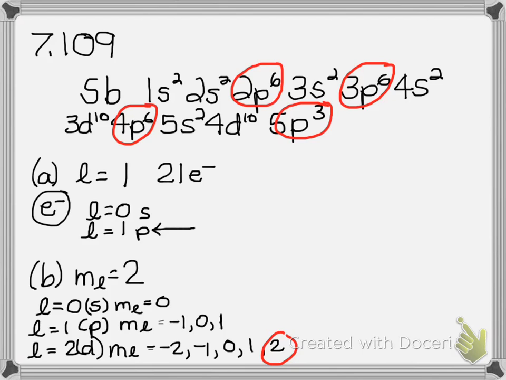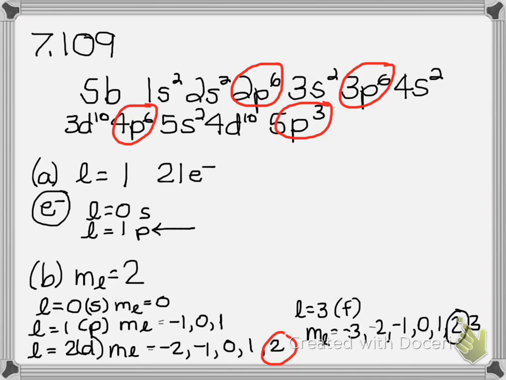Now if we kept going, if L equaled 3, which is an F, M sub L could equal a -3, a -2, a -1, a 0, 1, a 2, and a 3. And so I would have a 2 here as well.